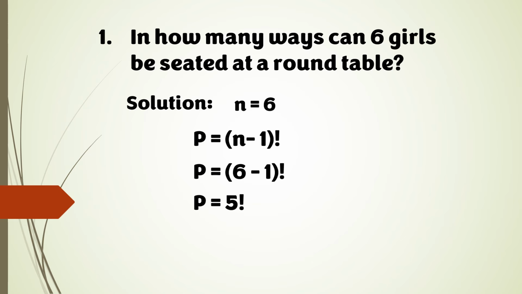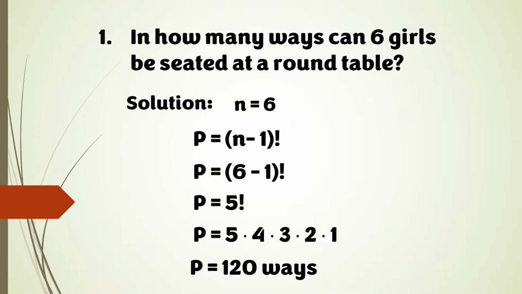And then next, we're going to determine the value of 5 factorial. 5 factorial is equal to 5 times 4 times 3 times 2 times 1, and the product is 120. So therefore, there are 120 ways the girls can be seated at the round table.